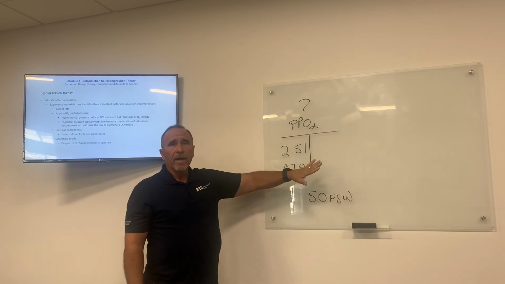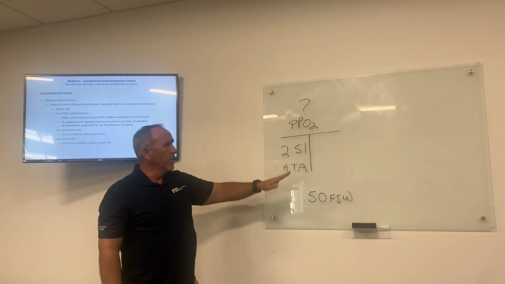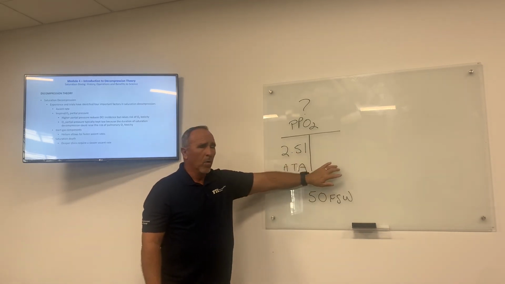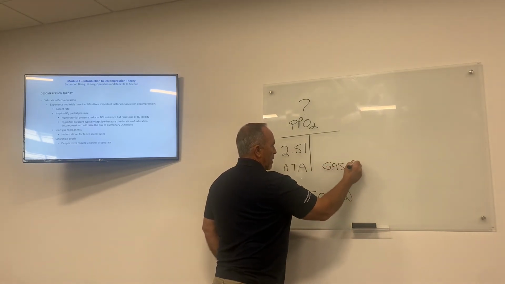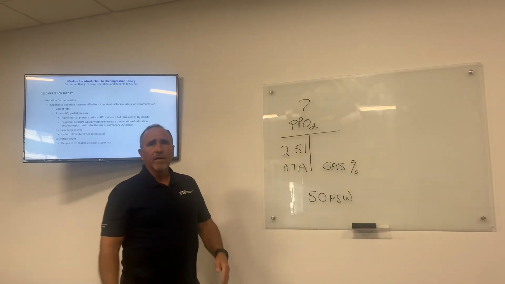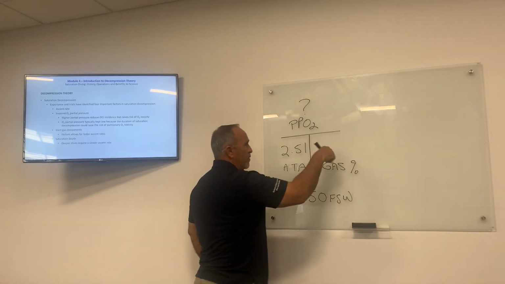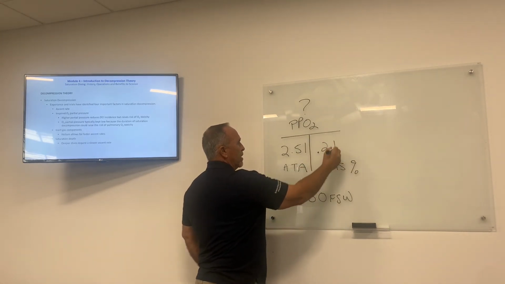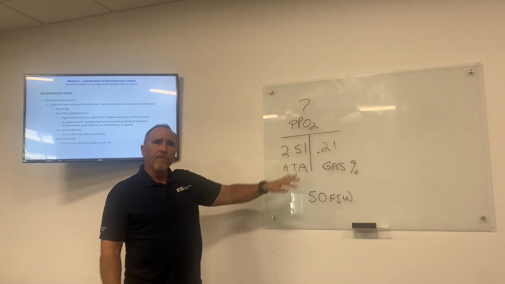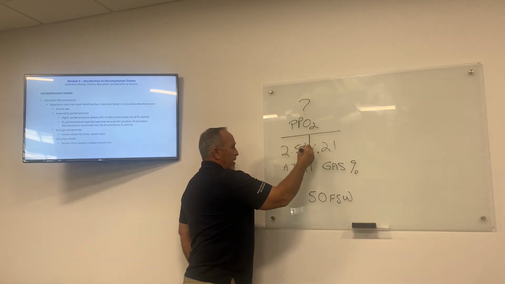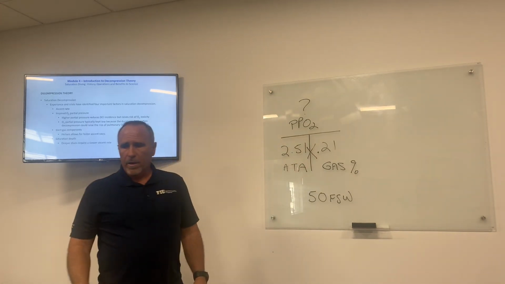So we know now that air has 21%. So if you remember your T formula, what goes here? Gas percentage goes in here, expressed in a decimal. 21%, move the decimal place over 2 times, 0.21, okay? You multiply across in the T formula, so multiply that, okay? What do you get?